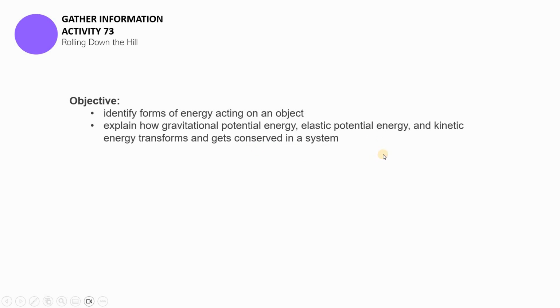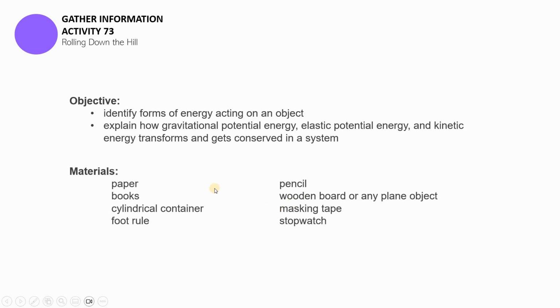The materials you'll be using for this activity are the following: a piece of paper for your note-taking and an accompanying pencil or pen, a stack of books, and some cylindrical container.